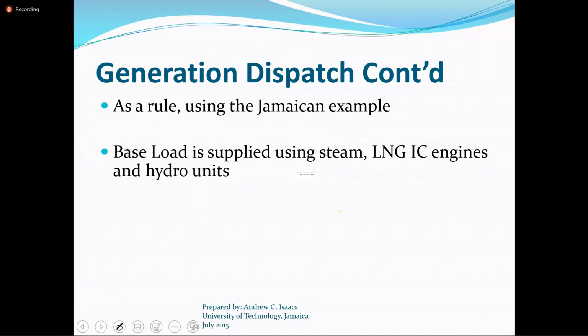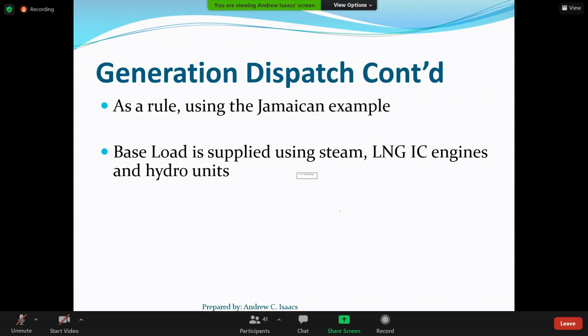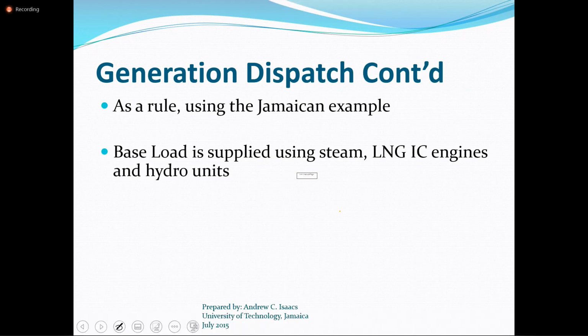So where you have a dam where you can release the water when needed to drive your hydro plants, those units are used to address peak demands, because with those facilities you can get the generator operating within minutes.